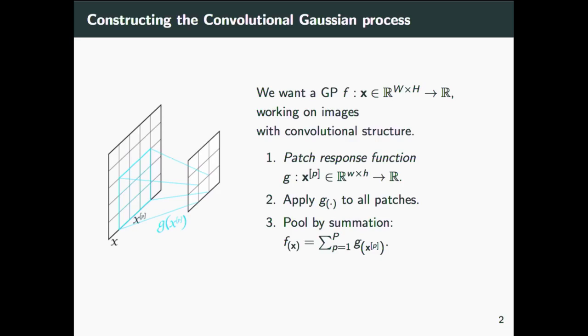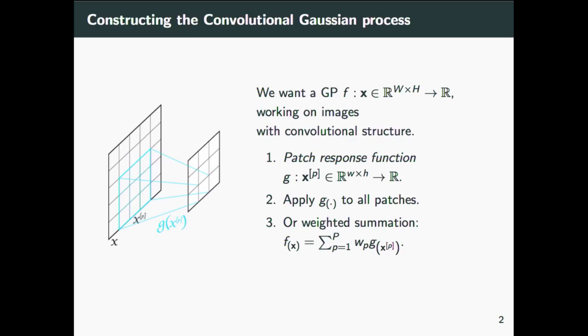We apply our nonlinear single patch response function to all the patches. This results in a convolved image, which we then pool by summation in order to get our image response. This straight summation is quite restrictive in the sense that it imposes a kind of translation invariance, so we can also remove this by doing a weighted summation of the patch responses.